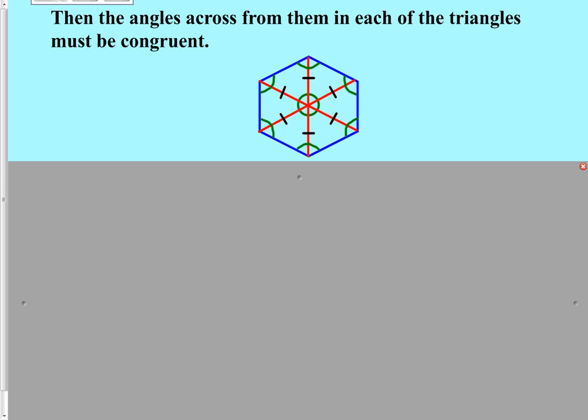So if you take into account that each of the triangles already has a 60-degree angle in it, that leaves 120 degrees for the other 2 angles, and those 2 angles have to be congruent, so that 120 degrees is shared equally. That makes each of those 2 angles also 60 degrees. So all 3 of the angles in these 6 triangles are 60 degrees. You can see now that they all have the little angle congruency mark on each of them as well.